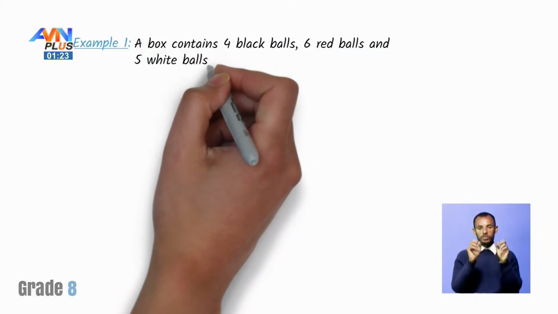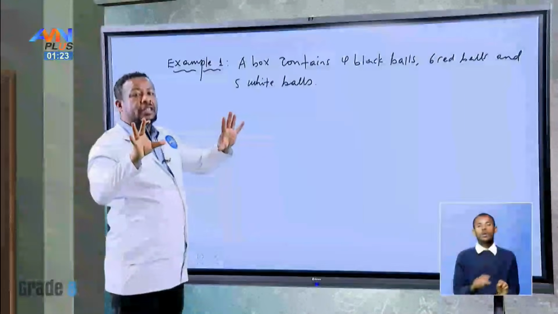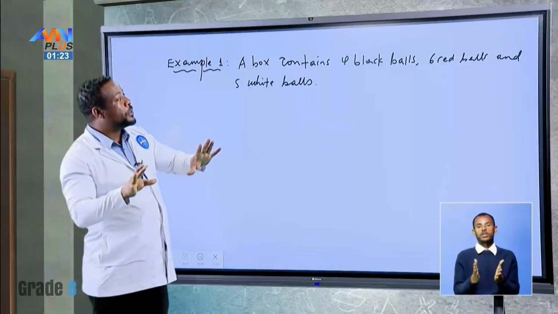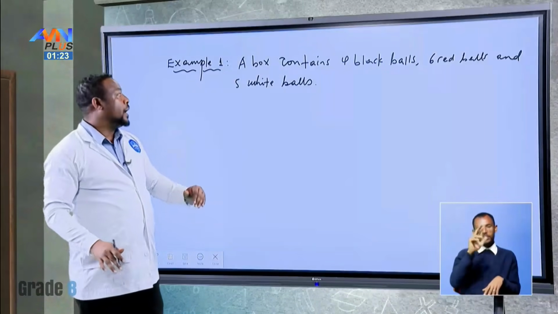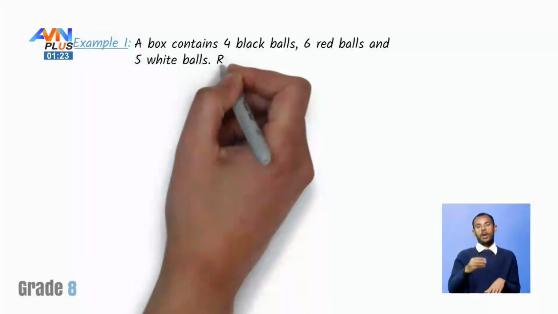Okay, so we have a certain box containing 3 different colored balls, 4 black balls, 6 red balls, and 5 white balls. Randomly select one ball.